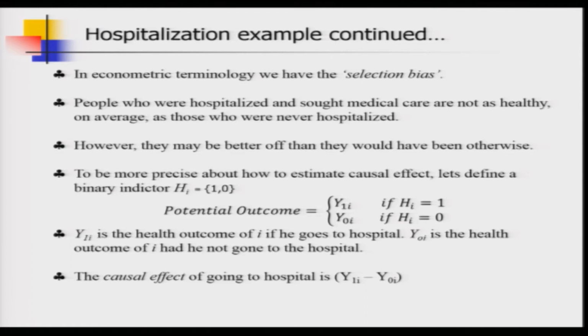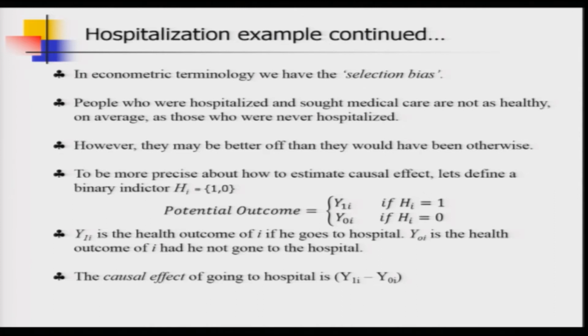To be more precise about how to estimate the causal effect here, let us define a binary indicator or dummy variable say Hi, which will take two values. We define potential outcome as y1i if Hi is equal to 1 and y0i if Hi is equal to 0.